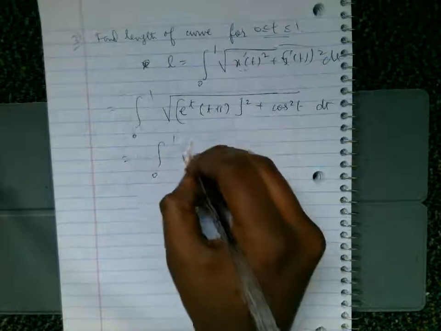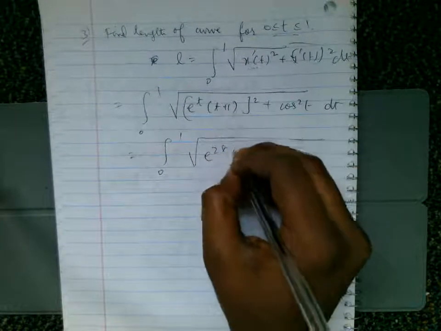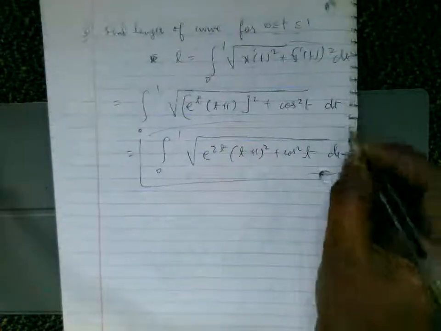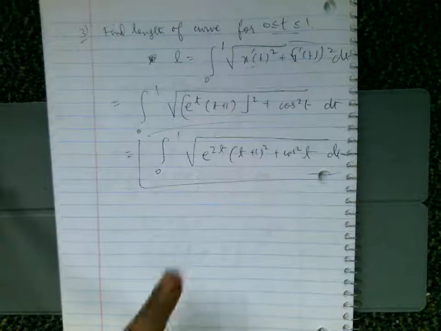So this is the square root of e to the power 2t times t plus 1 whole squared plus cos square t dt. And this is our final answer. We don't need to evaluate this because this integration can't be done.